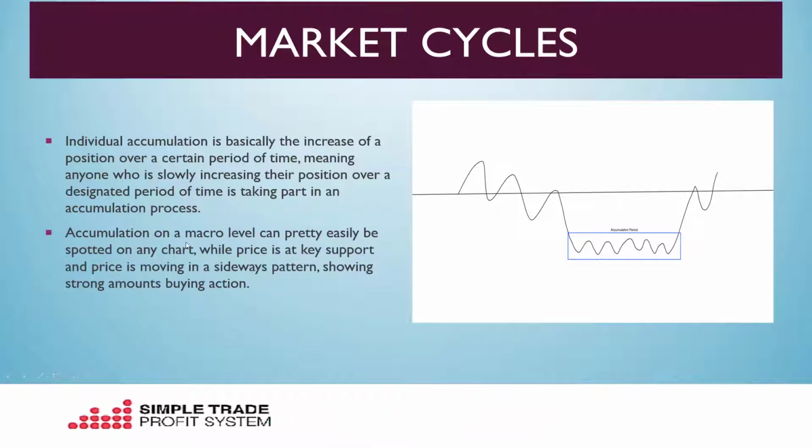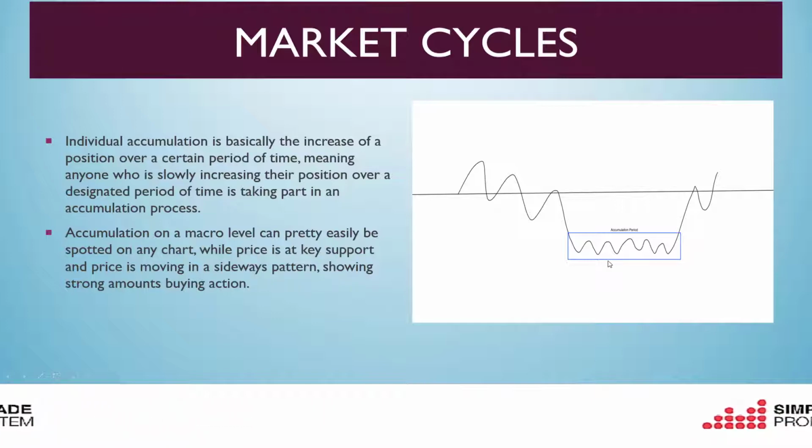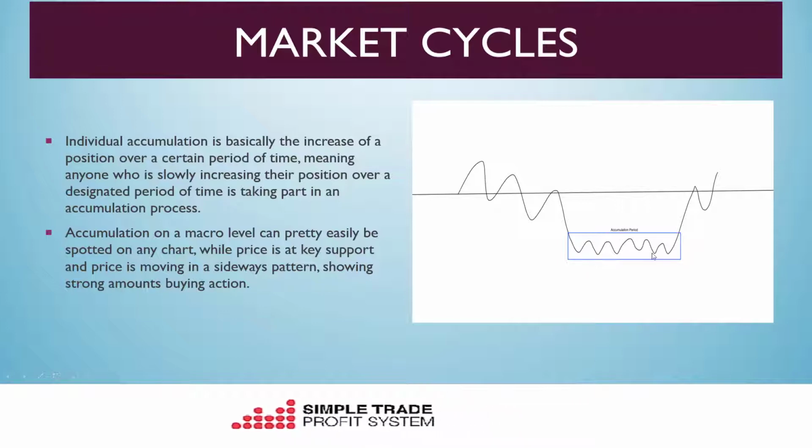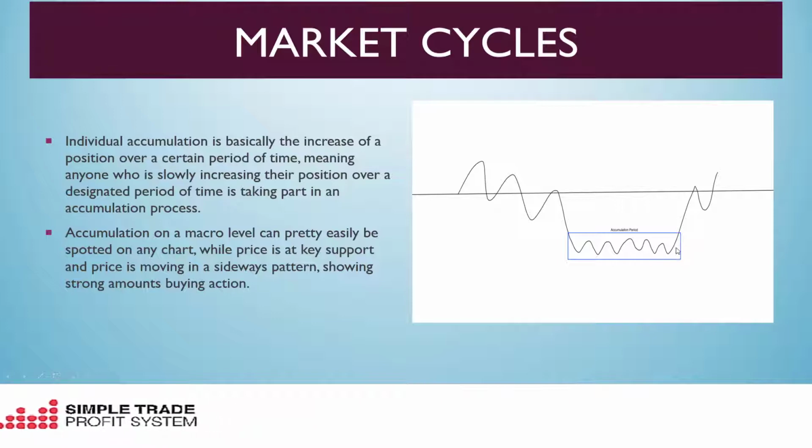Accumulation on a macro level can be easily spotted on any chart while price is at a key support. So the bottom of this range would be a key support, and price is moving in a sideways pattern showing strong amounts of buying action. So we have the sideways action, we're in accumulation before we break out and start the uptrend or the markup.